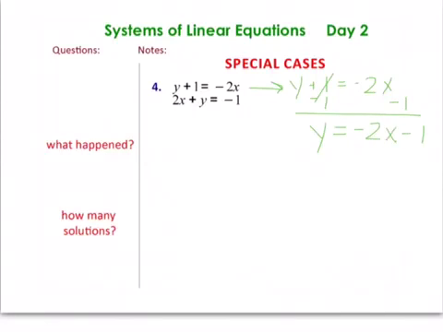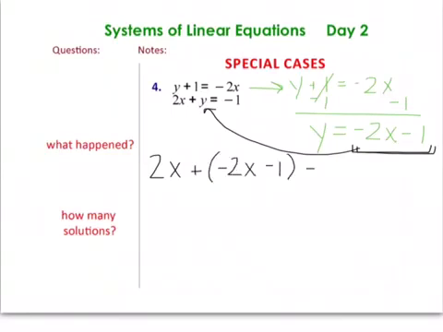So let me substitute this piece, negative 2x minus 1, from equation 1 into my y in equation 2. So I have 2x plus negative 2x minus 1 equals negative 1. Some of you guys may be seeing something. 2x minus 2x minus 1 equals negative 1.